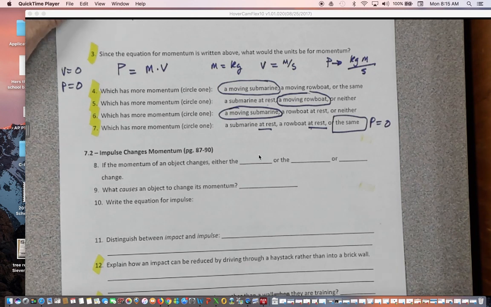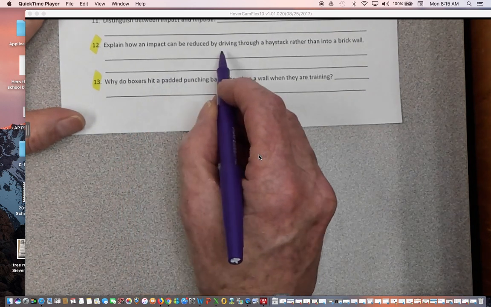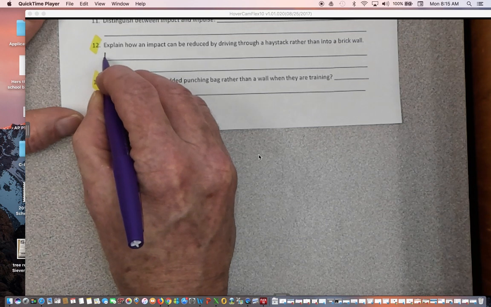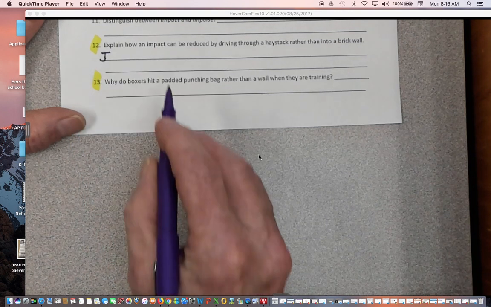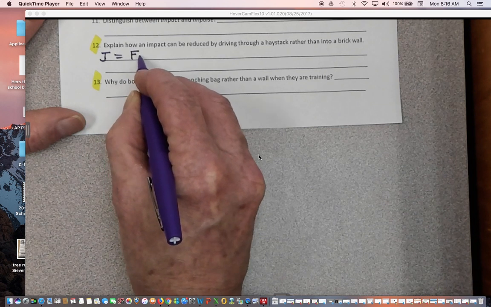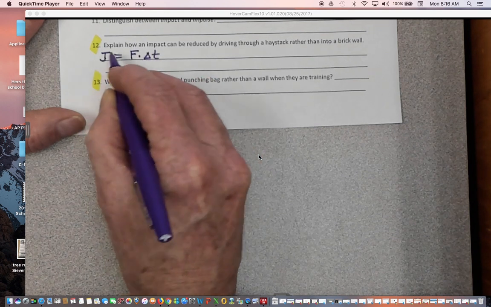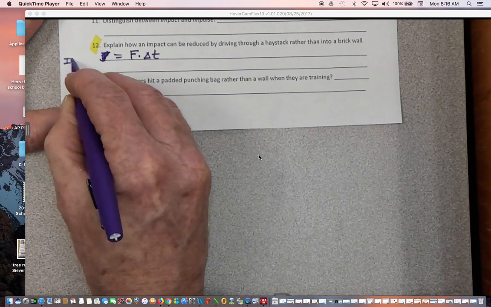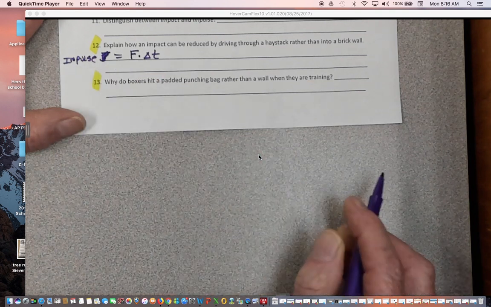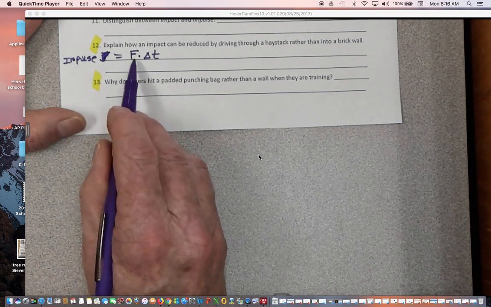Hopefully you've kept up. I'm going to move on. Down here, explain how an impact can be reduced by driving through a haystack. In the book they use the word impact, which I give the symbol J. An impulse is a force times delta t, a force times a time.